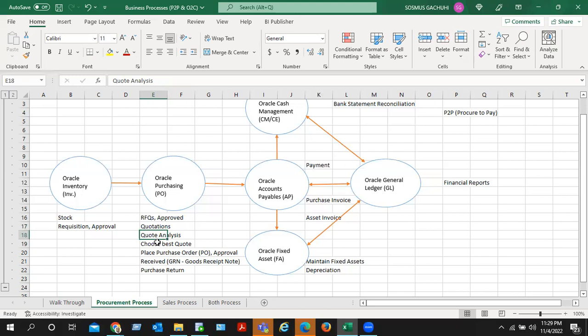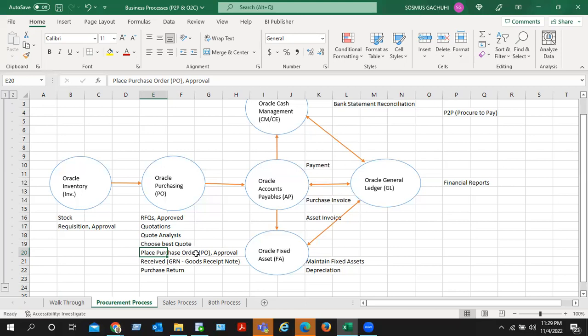Once they have been analyzed, the end result is settling on the best quote, which has the best terms, the attractive terms that can make the organization purchase from them. Then after settling on the best one, they will raise a purchase order, and this purchase order will have to be approved. Once it has been approved, it will be shared with the supplier.